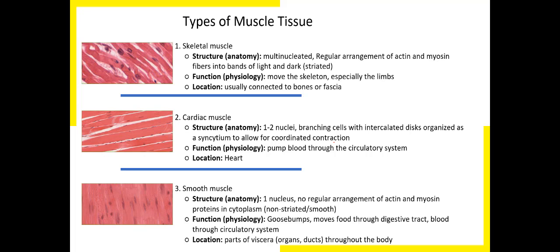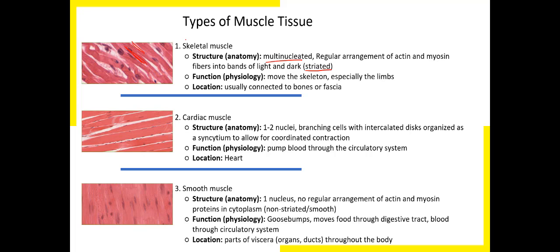Skeletal muscle is what we're going to focus the majority of this lecture on. In terms of its anatomy, skeletal muscle cells contain more than one nucleus, so they're multi-nucleated. They're also sometimes referred to as striated muscles. Striated means that there are layers or bands in this case, so you've got bands of dark and light.